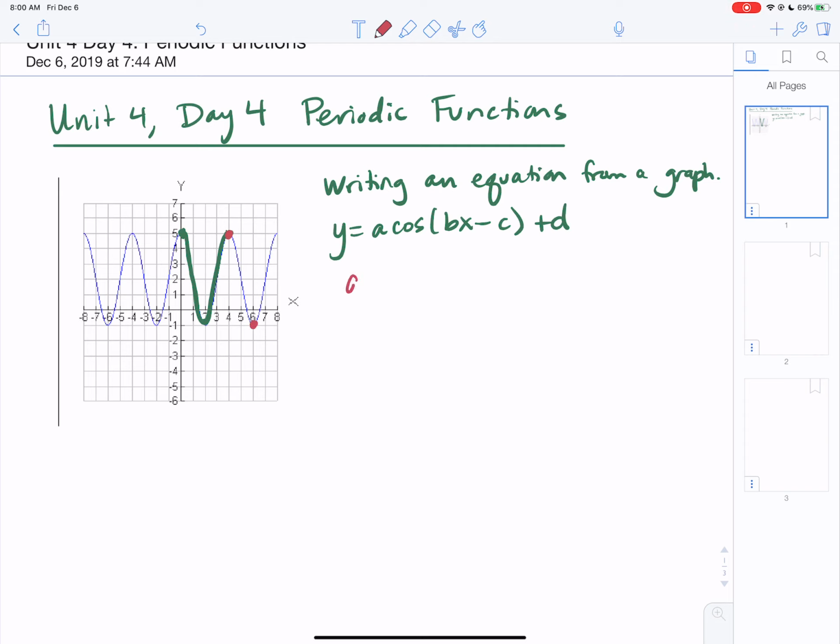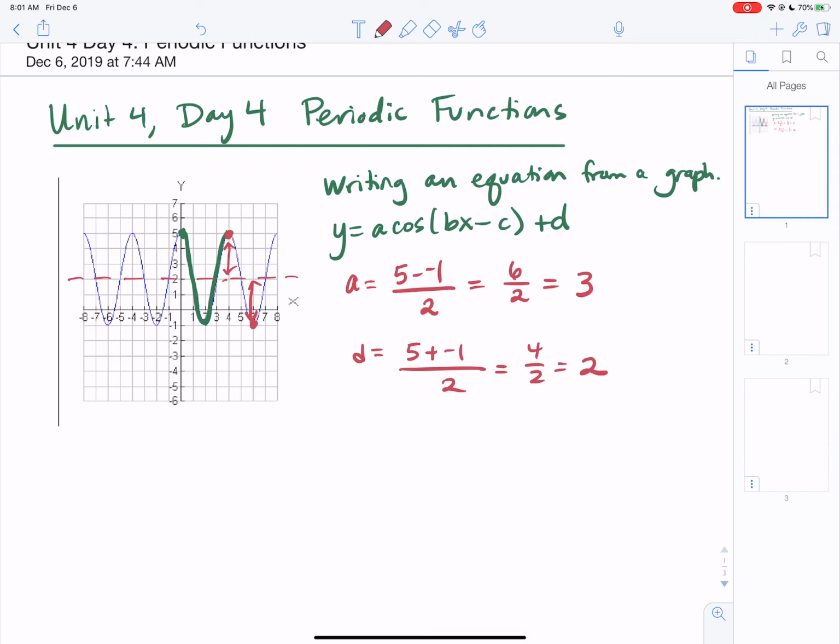And then once you identify the midline, you can say, oh, the midline's at 2, and that's going to be your D value. But if you want to use the max and min for that, then you can also do 5 plus -1 divided by 2 and do like we did in the investigation. And that's going to be 4 divided by 2, and that confirms that your midline should be at 2.